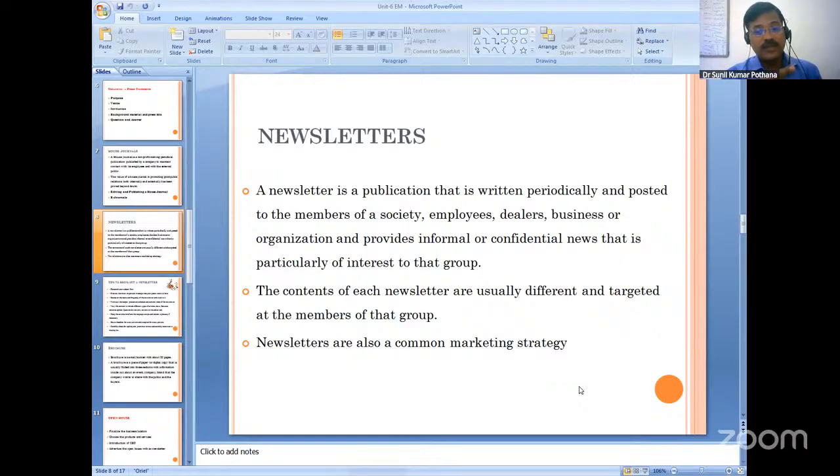What is the difference between house journals and newsletters? A house journal is distributed to all places; it goes to the small retailer, the wholesaler, or a ground level employee. But a newsletter is focused on particular people.